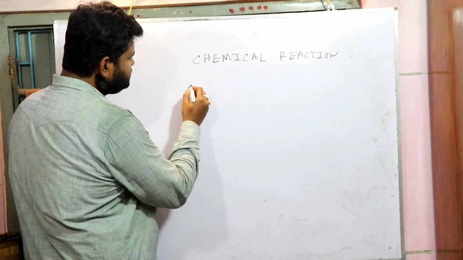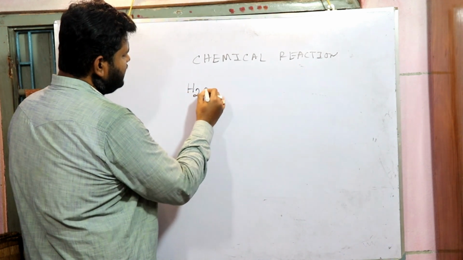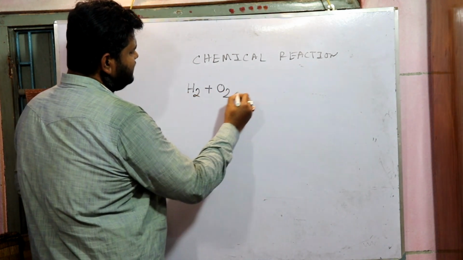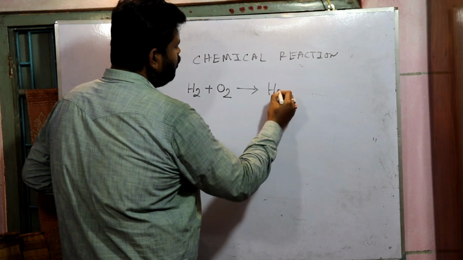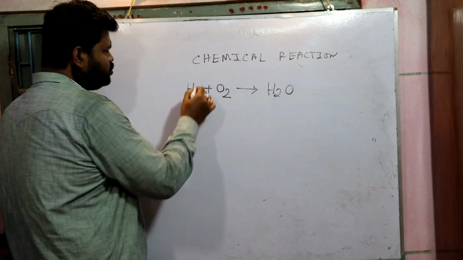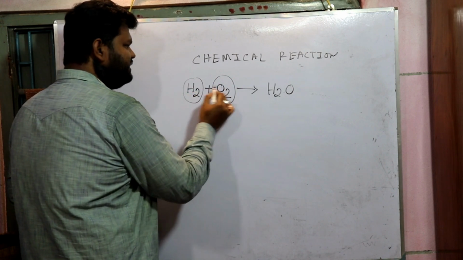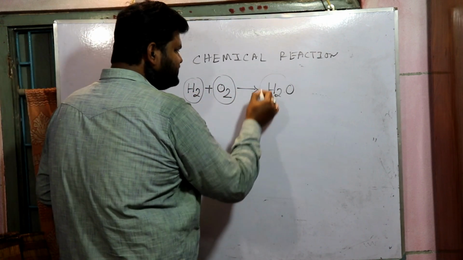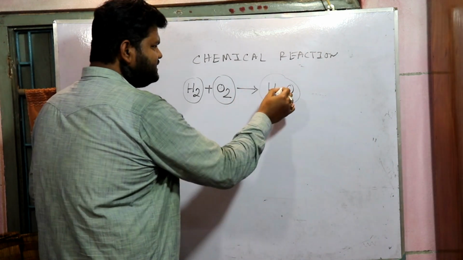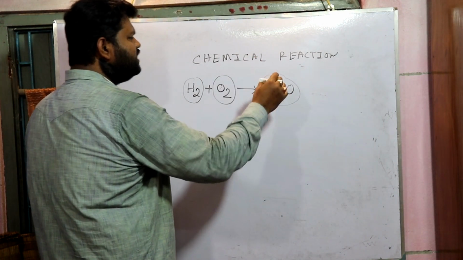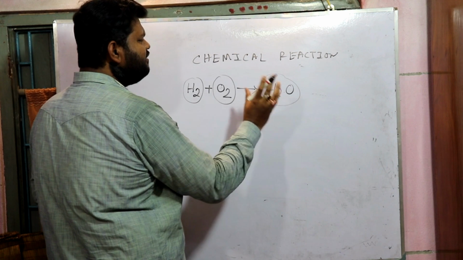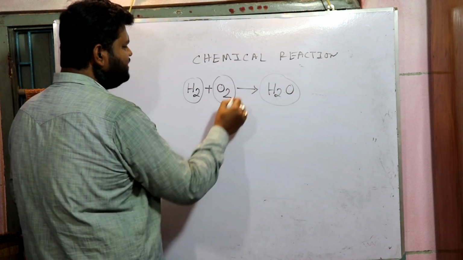Okay, now look at it. Suppose hydrogen is reacting with oxygen and it will produce water. So two different substances are reacting with each other to produce a substance having a completely different behavior and characteristics from these two.